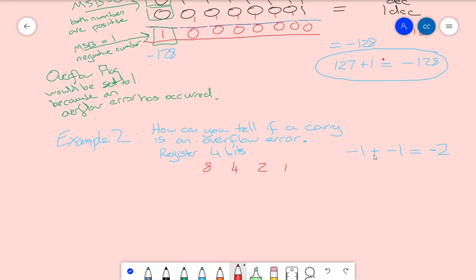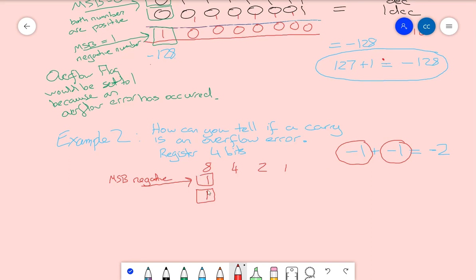Now these are negative numbers, which means the most significant bit needs to be negative. So that means there'll be a 1 in the most significant bit. Let's just put that in there to refresh your memory. So the most significant bit is negative because it's a negative number.